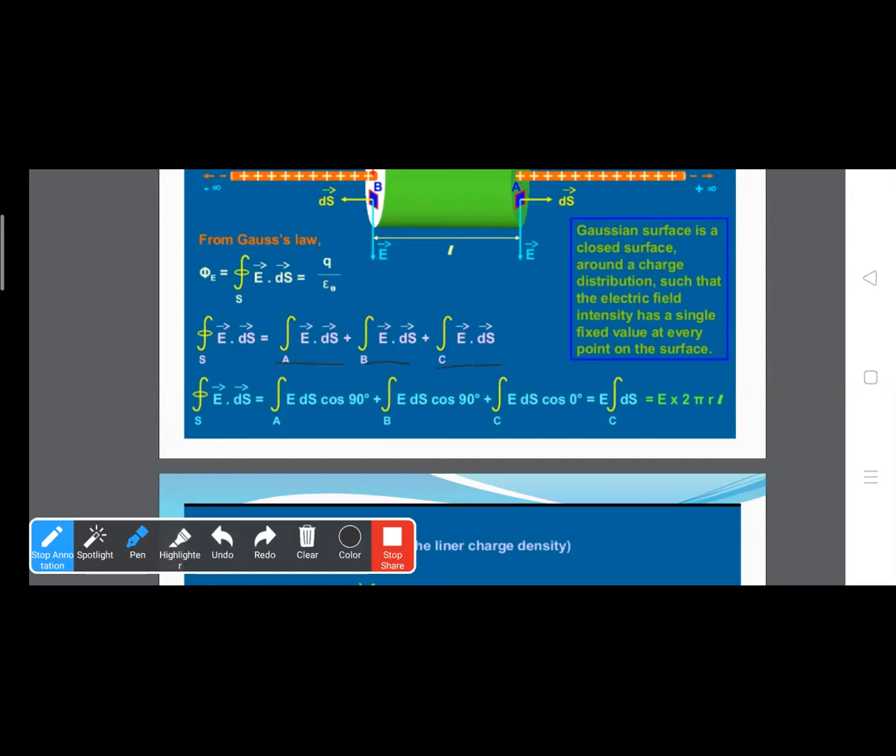We have already discussed that the electric flux passing through surfaces A and B is 0 because E and dS are perpendicular to each other. So cos 90 is 0, and the electric flux through those surfaces is also 0. The electric flux passing through surface C is given by E into 2 pi R L.